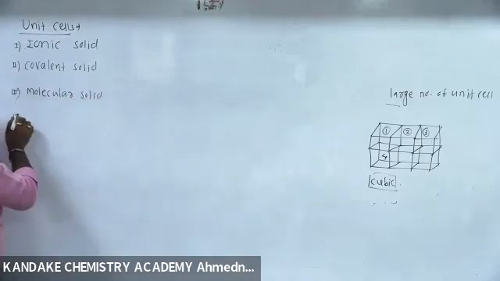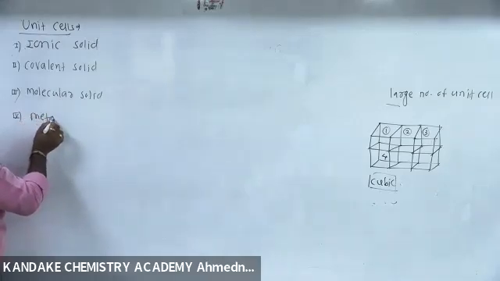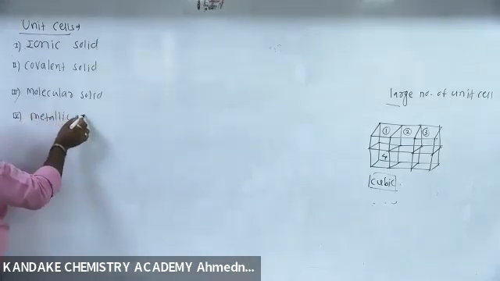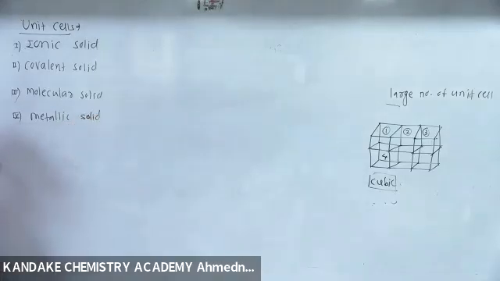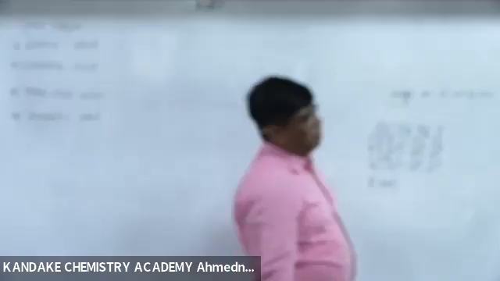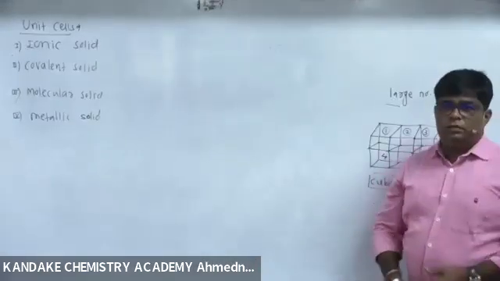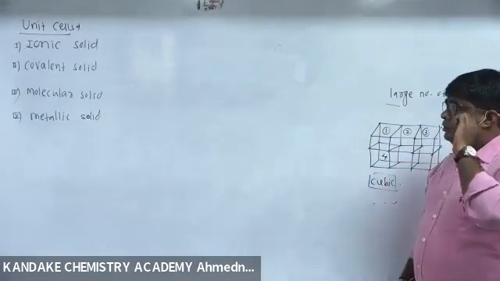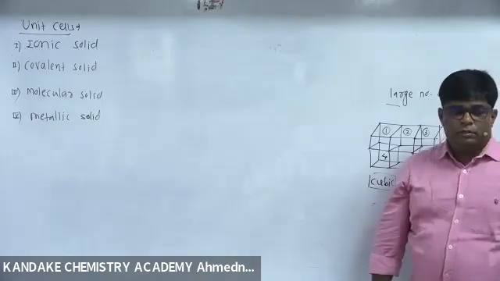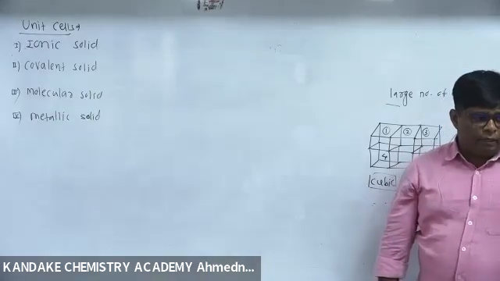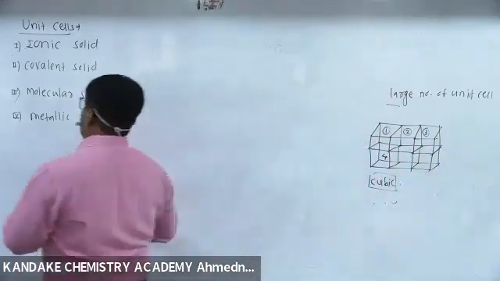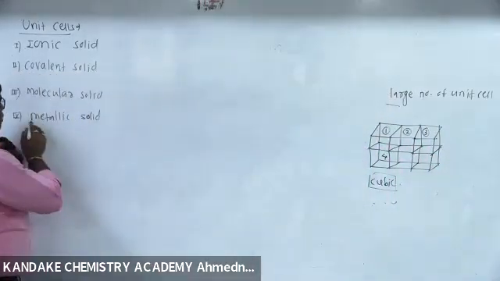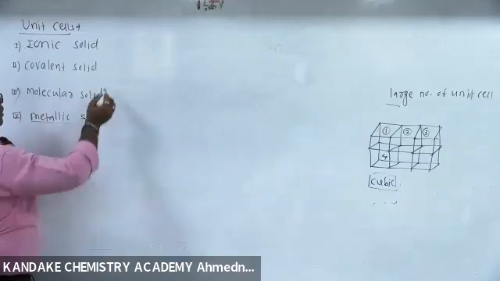And last is the metallic solid. So these are the 4 types of crystalline solids: ionic solid, covalent solid, molecular solid, and metallic solid.